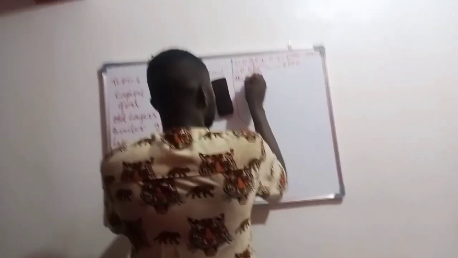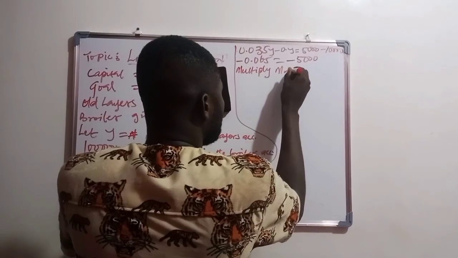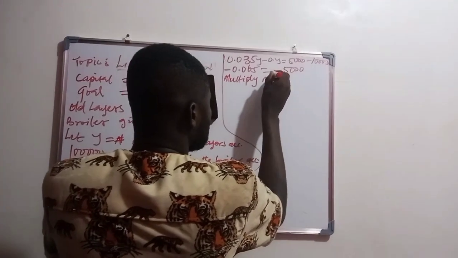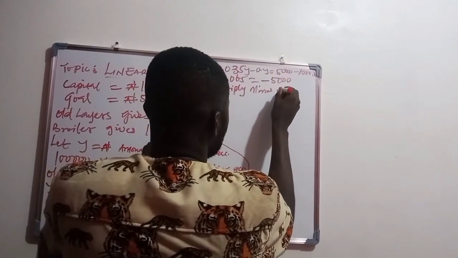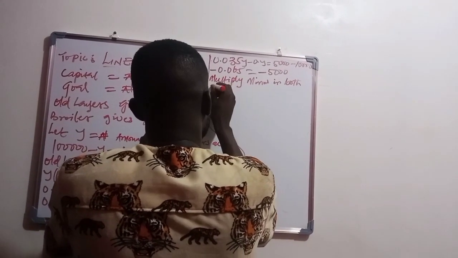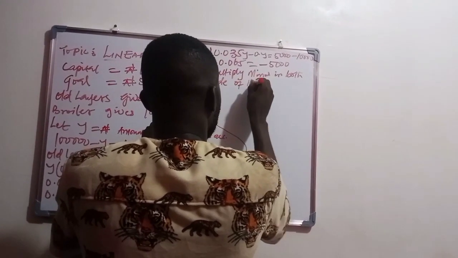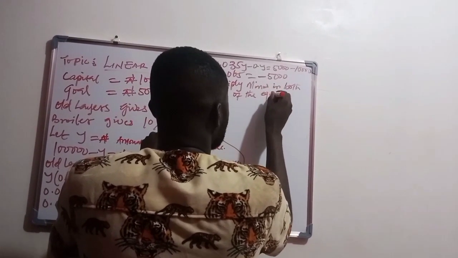Multiply minus in both sides of the equation.